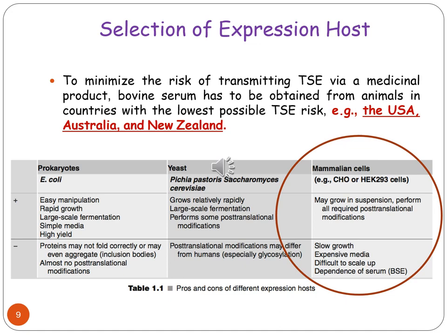We can perform all required post-translation modification, although they will not be identical to human post-translation modification, or the glycosylation for the endogenous proteins. However, they are good enough as therapeutic proteins. Okay, so this is the perfect scenario for glycosylation.